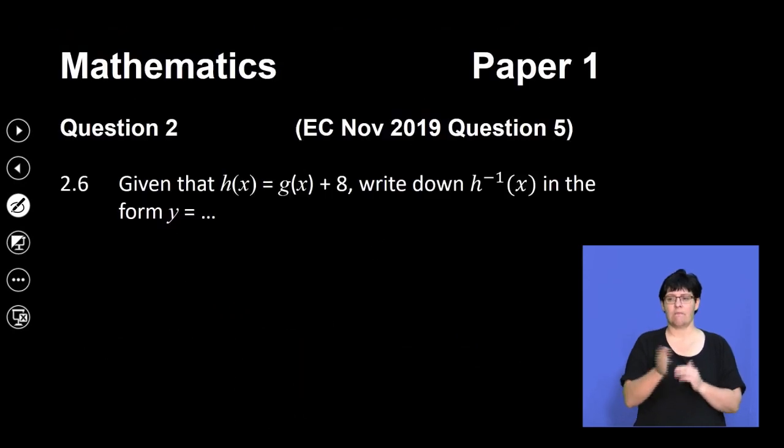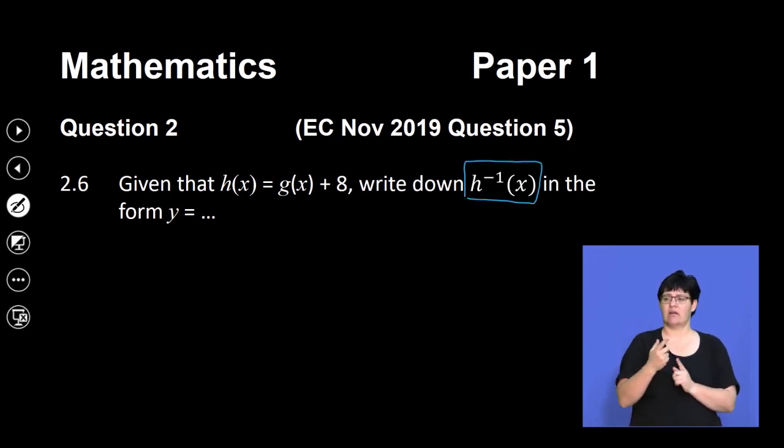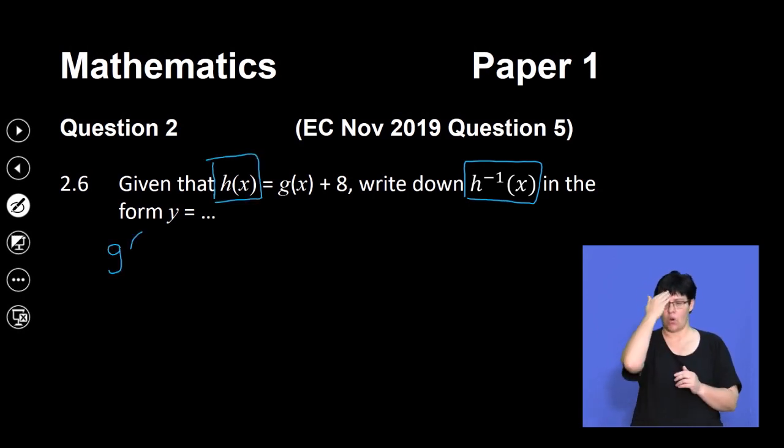Okay, let's see if we can do one last question. We're given that h of x is equal to g of x plus 8, and then we're asked to write down the inverse in the form y equals blah, blah, blah. So let's first find what h of x is equal to. We know that g of x, if you remember, was equal to 3 to the power of x minus 8.